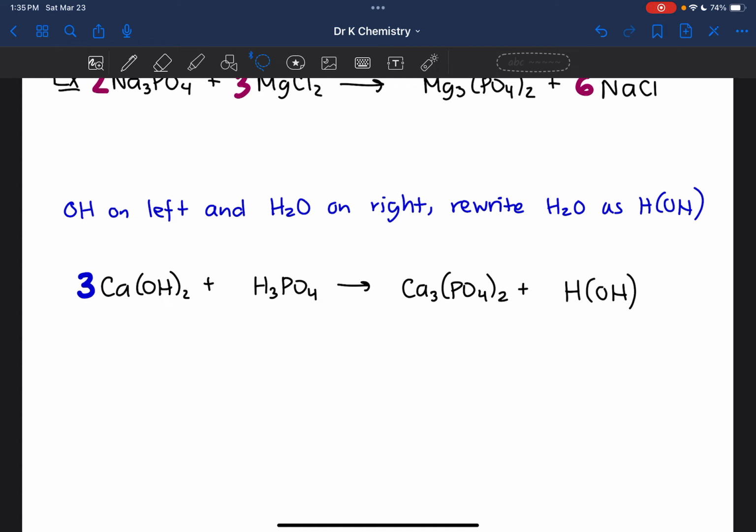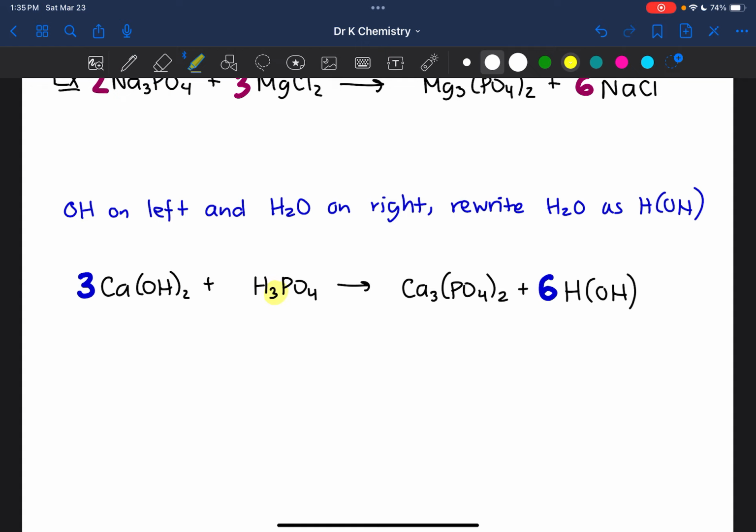Alrighty, so this now gives us 3 calciums on the left, 3 calciums on the right. That is fixed. But now it gives us 3 times 2, 6 hydroxides on the left, and we only have 1 on the right. So I'm going to multiply this entire formula by 6, and now I have 6 hydroxides and also 6 hydrogens.